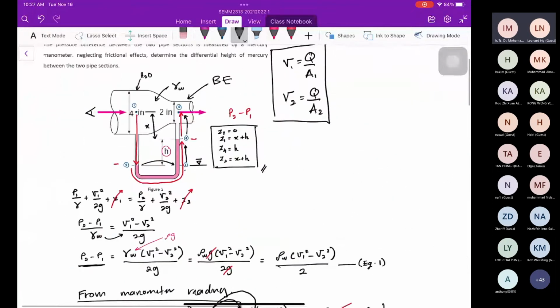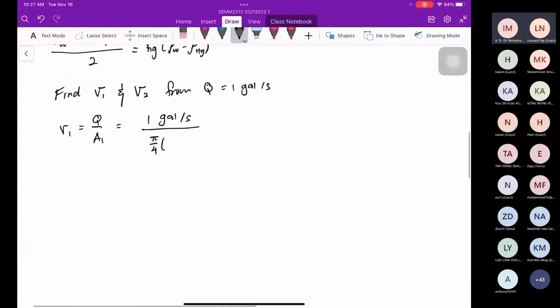Diameter is 4 inch. I need to convert into foot. So 4 divided with 12, square it because this is diameter. And then you need to multiply 1 gallon. 1 gallon of water is equivalent to 0.13368 feet cube. So cancel out gallon, and then you solve it, you will get the answer is 1.53 feet per second.